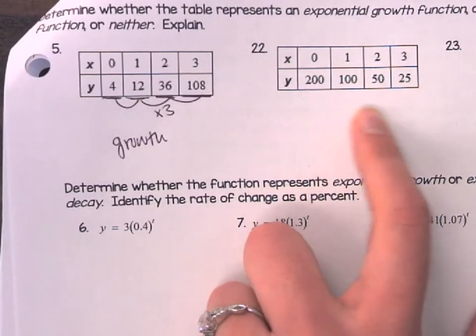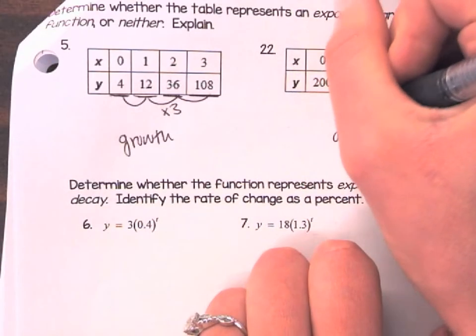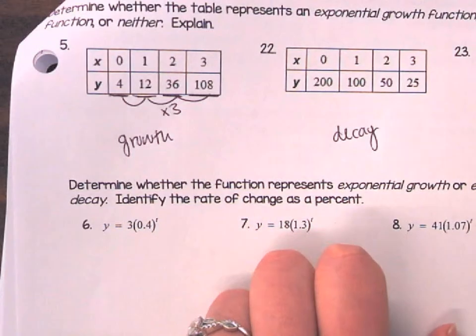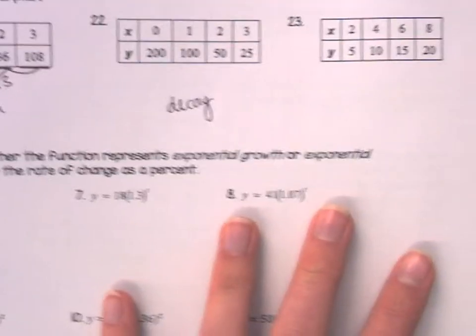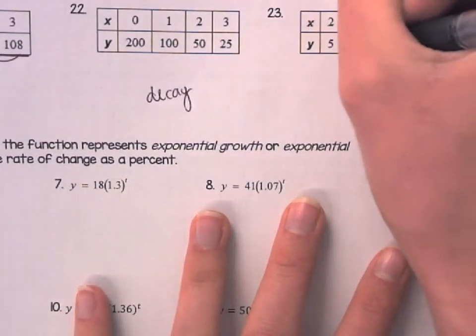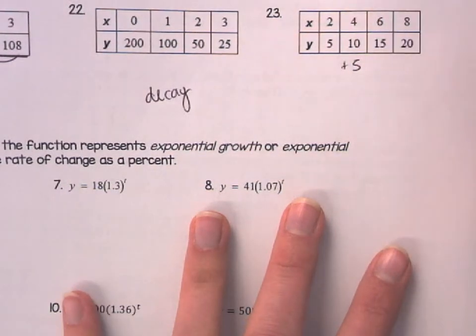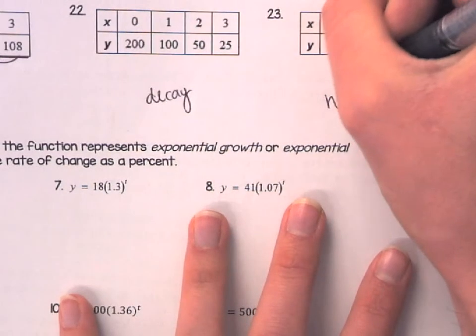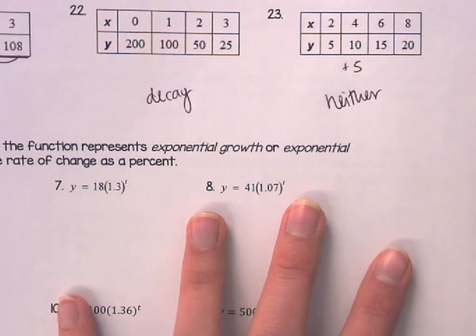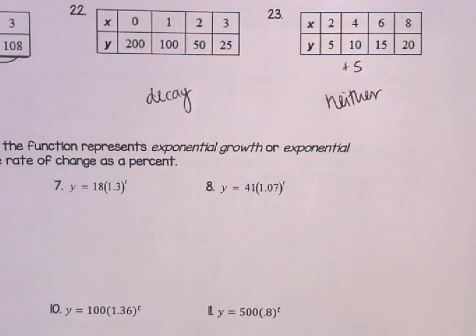This one we can see it's going down by half each time, so this would be exponential decay. And then over here we can see that it's adding 5 each time, so that would be linear and not exponential. So that would have to be neither. So even though it's growing, it's not growing exponentially.